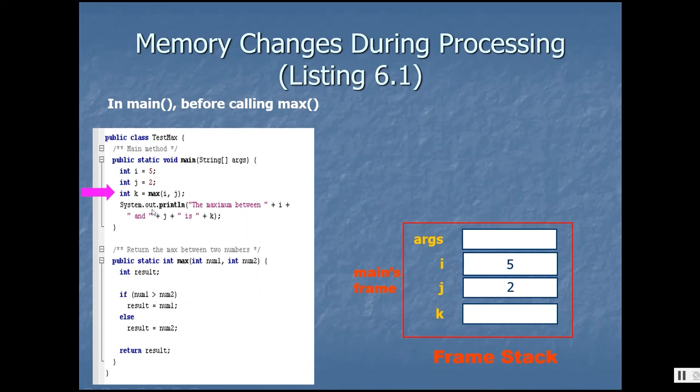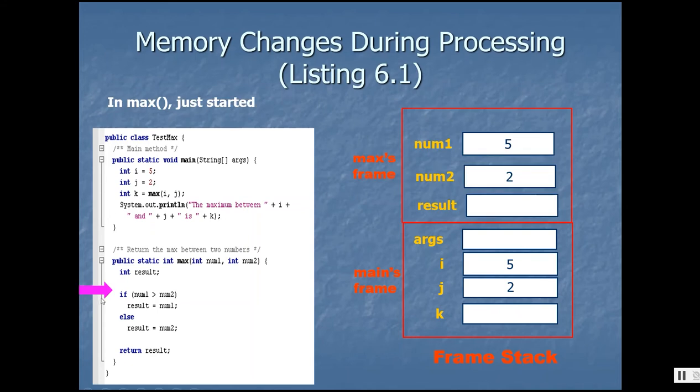Now we're about to make a call to the max method. Let's see what happens then. So we make the call. That means that control of the execution has gone into this method right here.